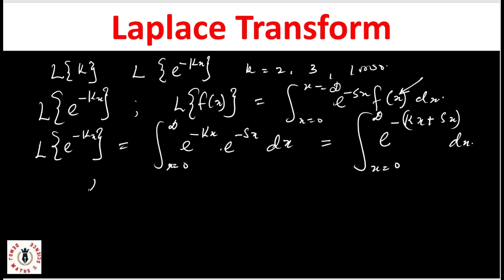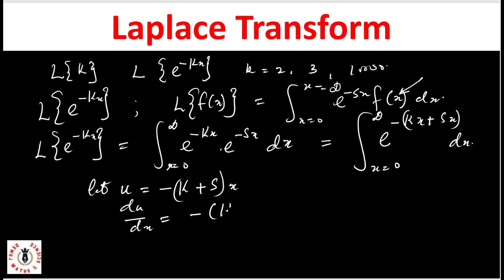Now I can simply say, let u, from our chain rule, equal minus (k plus s) times x. Then I can differentiate u with respect to x to be the same thing as minus (k plus s). This automatically implies that my dx will be the same thing as du over minus (k plus s).